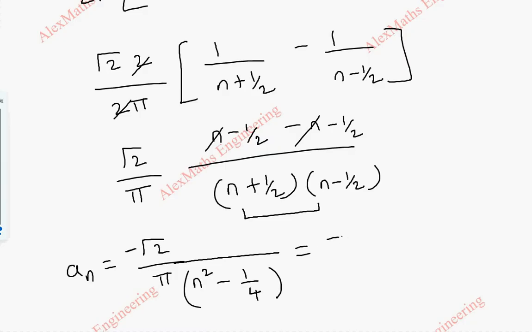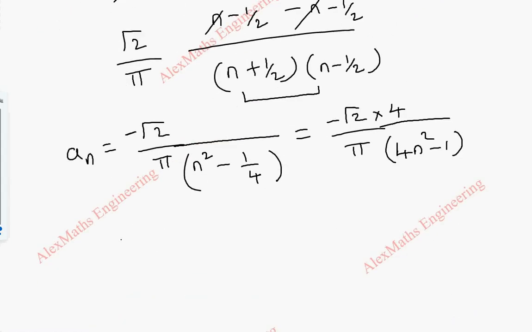Again, we can take LCM. So if I take LCM, it is going to be 4n square minus 1 by 4, and then the 4 can be taken to the numerator. Therefore, we got an as minus 4 root 2 by pi into 4n square minus 1.